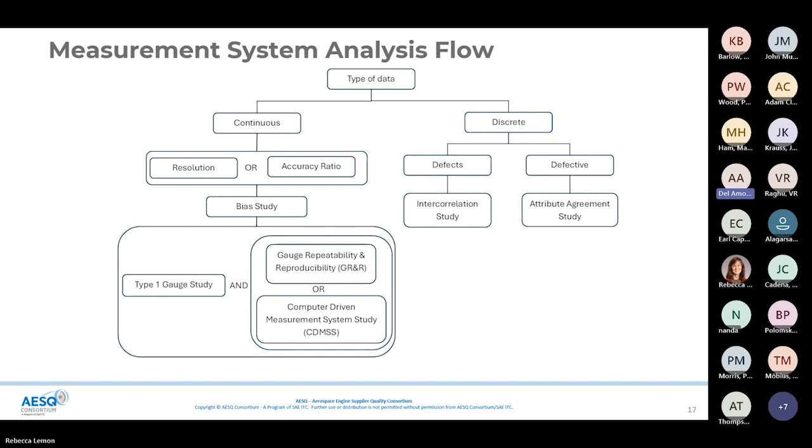If it's discrete, are you looking at the number of defects per part, or is the part defective or not? If you're looking at the number of defects per part, you're going to do an intercorrelation study. If you're looking at whether the part is defective or not, then you perform an attribute agreement study.